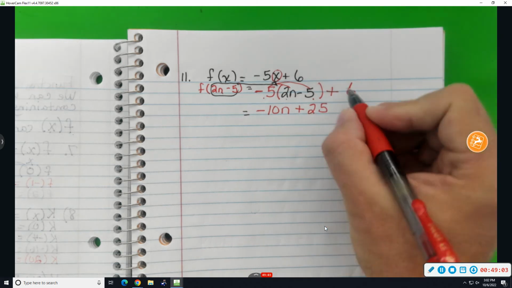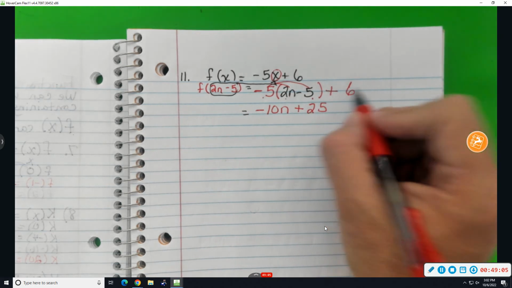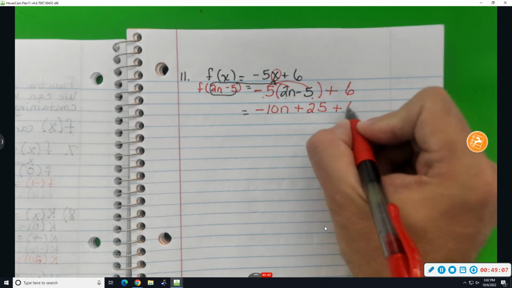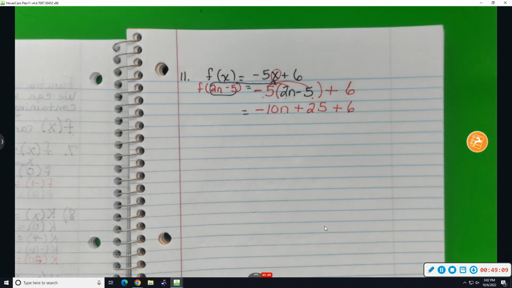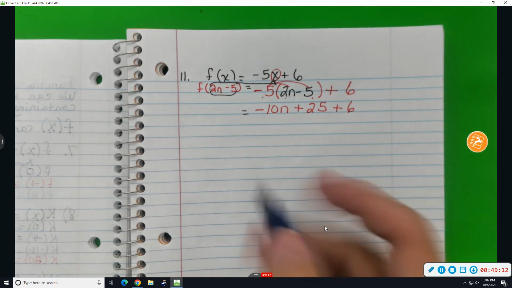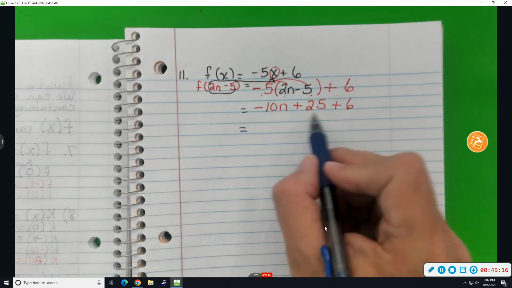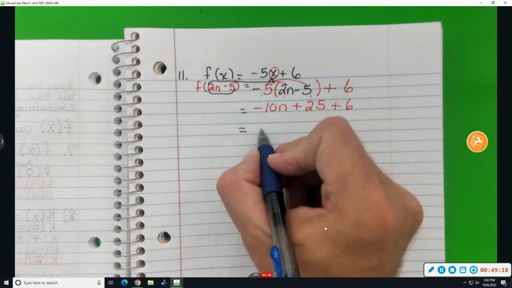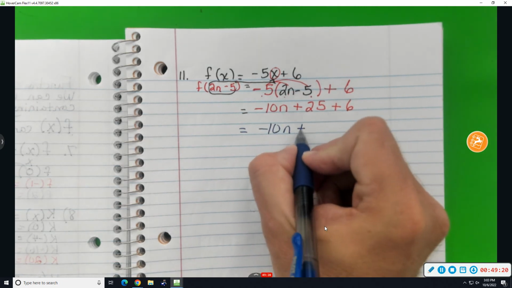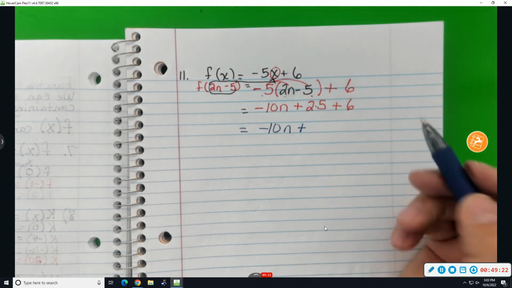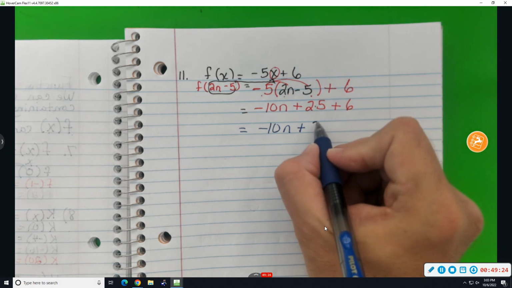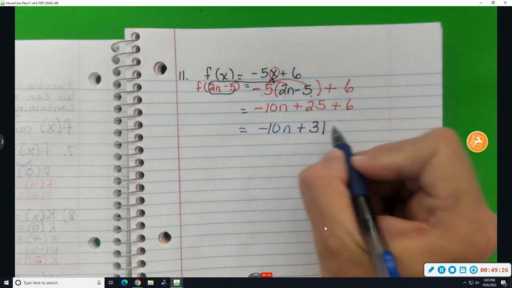And we still have that plus 6 on the end. We're not finished yet. What am I going to type in as the answer? What can I combine here? So we'd have a negative 10n plus, when I combine the 25 and 6, am I going to get a 31?